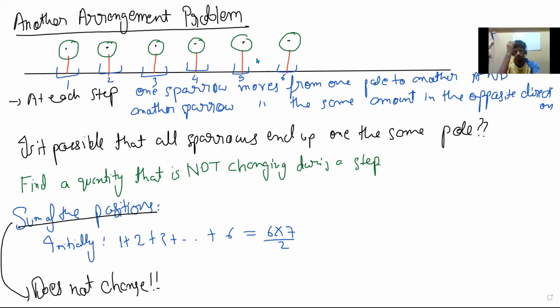Think. So you make a move and see what happens to this expression. Take any two sparrows and you move them and see what happens to the resulting expression. That will tell you maybe why it is not changing.